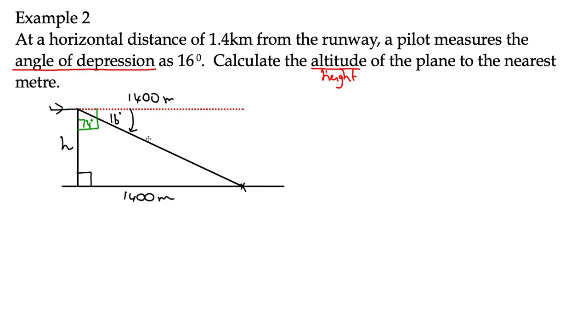The other thing is, remember I said earlier on that when you're dealing with angles of depression, we often have parallel lines. And the Z-shape angle, you get an equal angle. So that's 16 degrees, 16, 16. Now with trigonometry, it doesn't matter which angle you use. You'll use a different kind of ratio or different fraction, and it'll give you the same answer.